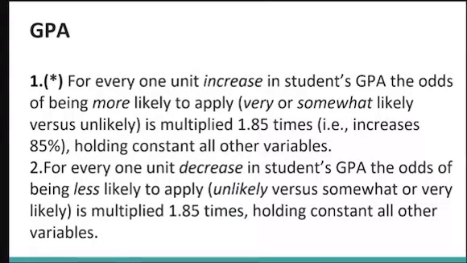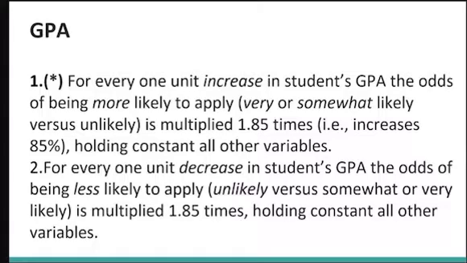For every unit increase in student GPA, the odds of being more likely to apply is multiplied by 1.85 times, because when a student looks at his or her GPA and realizes that there's an increase, that will increase the chance of making an attempt to apply. Does that make sense? So that's what we mean.